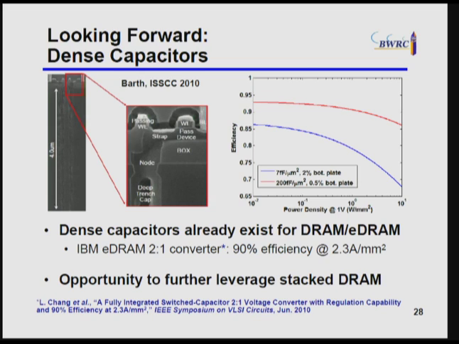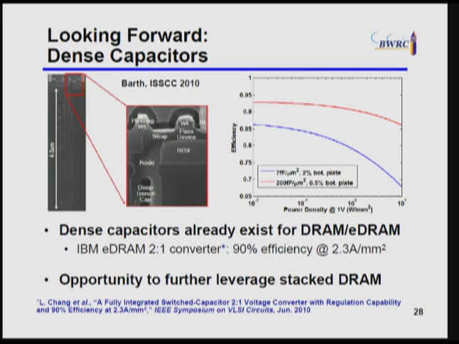And again, you don't have to take my word from sort of the analysis. This was actually demonstrated by Leland Chang at VLSI 2010, where they were able to get sort of up in this 2.3 amps per millimeter squared at about 90% efficiency or so. Now, this is again with just that 2-to-1 topology, but you can actually run the numbers for the other ratios as well, and indeed seems to maintain a fairly substantial advantage.